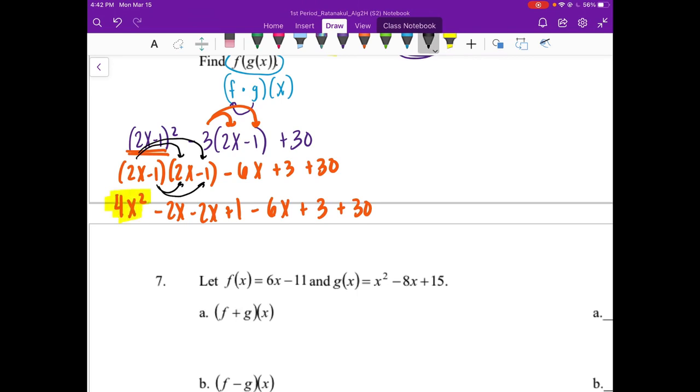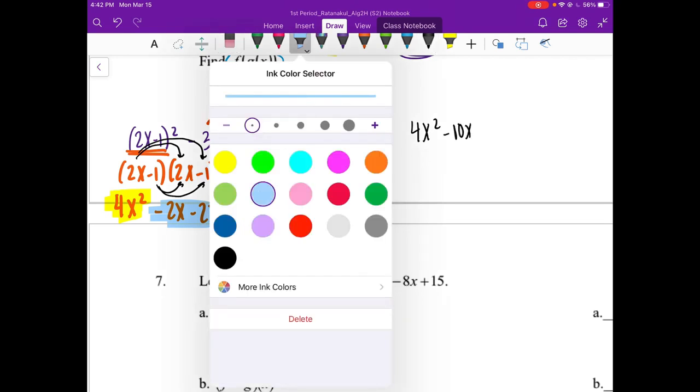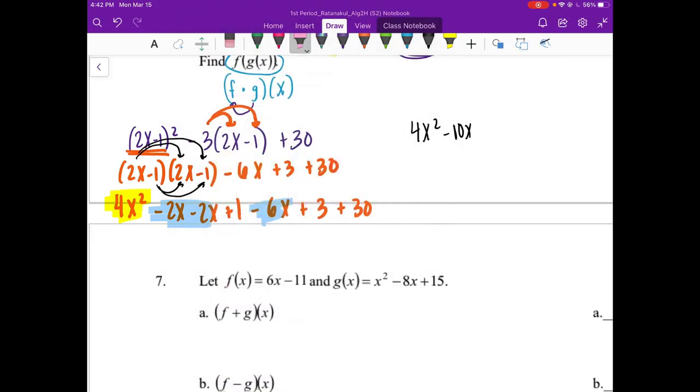So I have 4x squared. And then I'm going to highlight my x's so I can go ahead and combine those. And then I'm going to combine all of my constants. So I end up with 4x squared minus 10x plus 34.